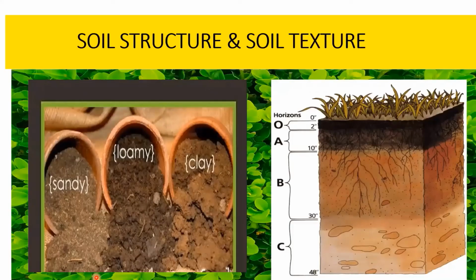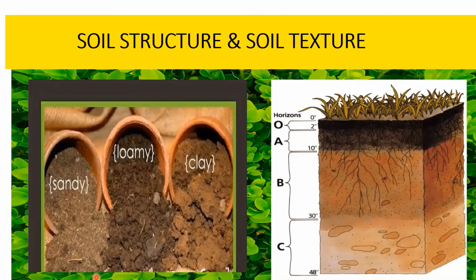Now let's go to soil structure and soil texture. First, let's look at soil texture. Soil texture is determined by the relative percentage of sand, silt, and clay in the soil. A soil with the finest texture is clay soil.